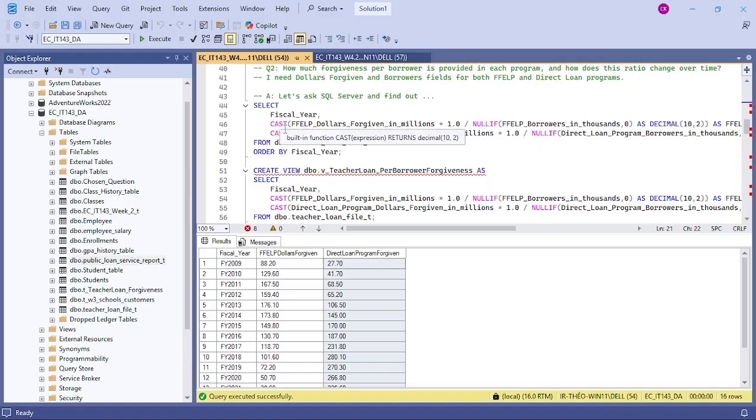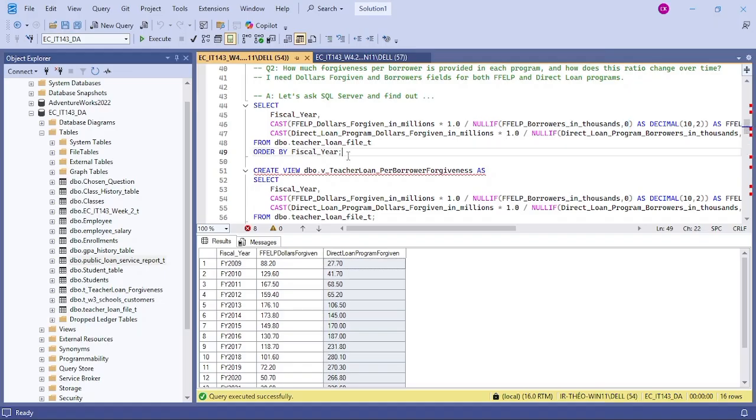Here I use arithmetic operations within the select clause to perform division for both datasets. I use the NULLIF function with 0, which safely prevents a divide by zero error if the borrower count was ever 0.